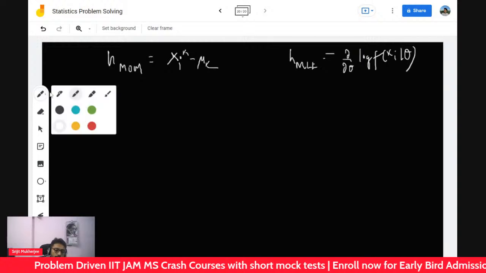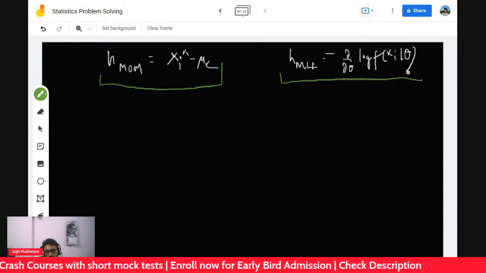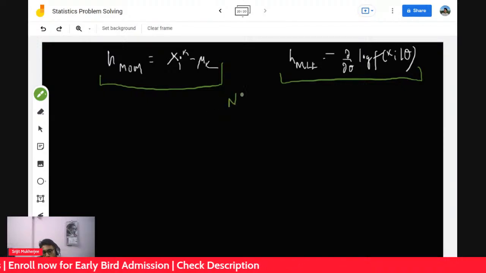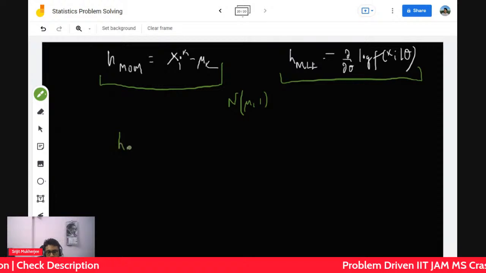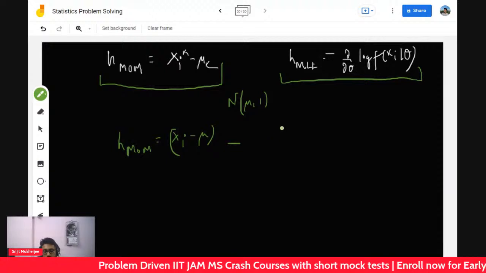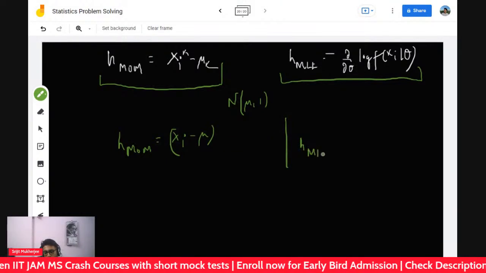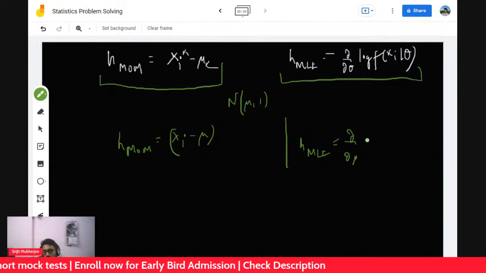So if you observe, for normal, let's say normal mu comma 1, in this case, h of MOM, you know that, it's xi minus mu, right? In this case, h of MLE is nothing but del del mu of log of that.